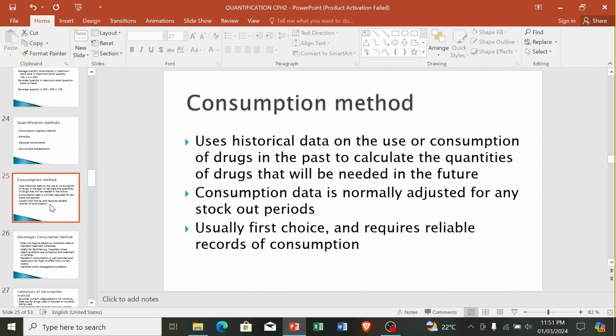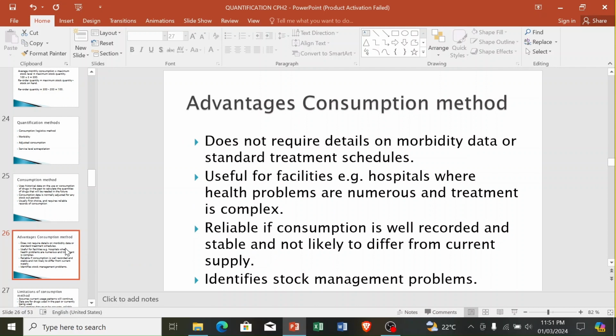So after knowing what the consumption method is, let's see what the advantages of this method are. The consumption method does not require details on morbidity data or standard treatment schedules. It is useful for facilities, for example hospitals, where health problems are numerous and treatment is complex.